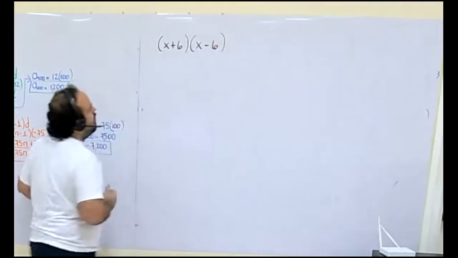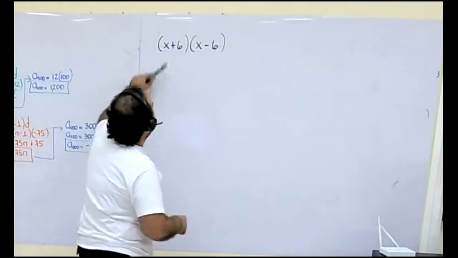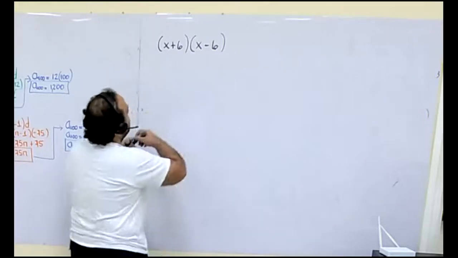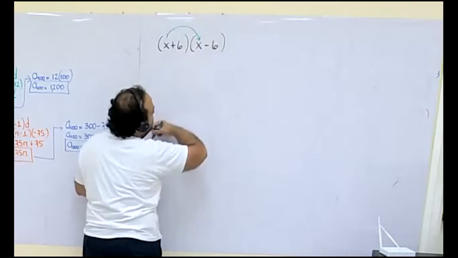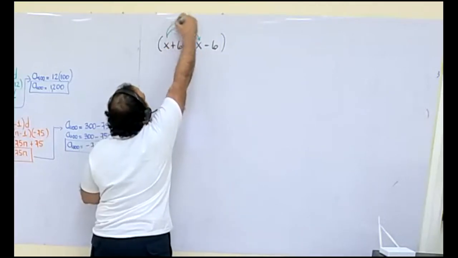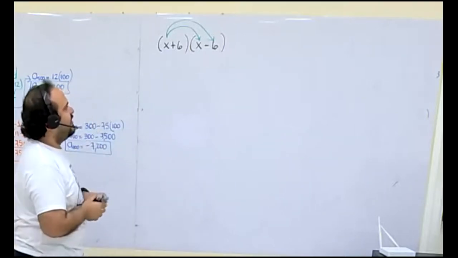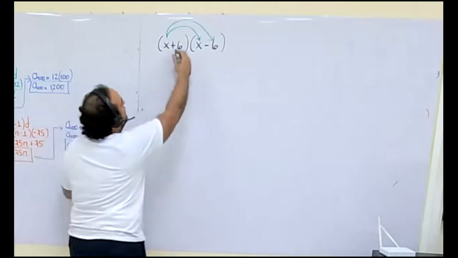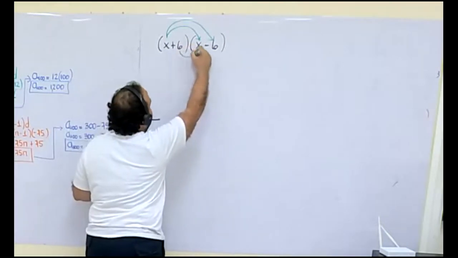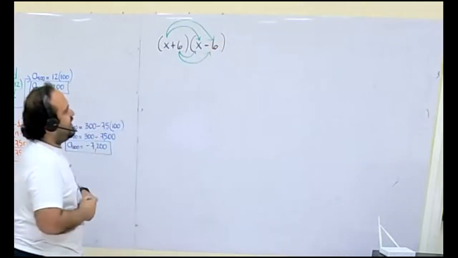What we're going to do in this case is apply the distributive property. Remember the distributive property: the first value, x, on the left side will multiply with the letter x on the right side and at the same time with -6. After you finish that one, the positive 6 will multiply x and also multiply by -6.